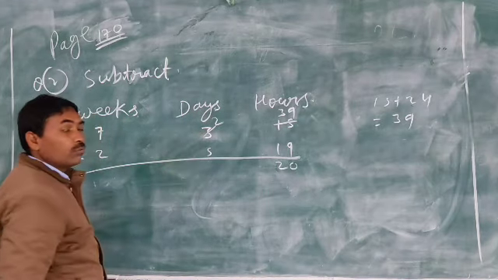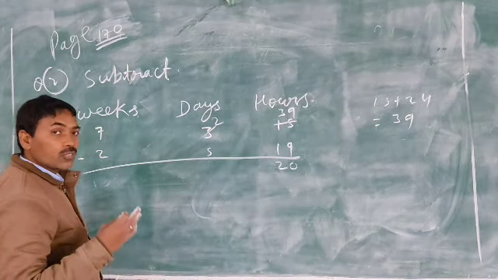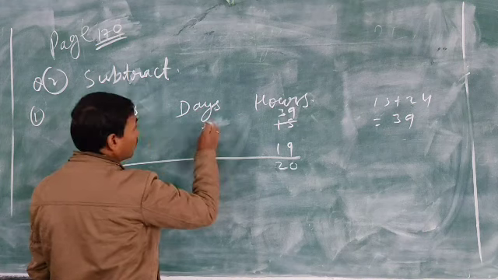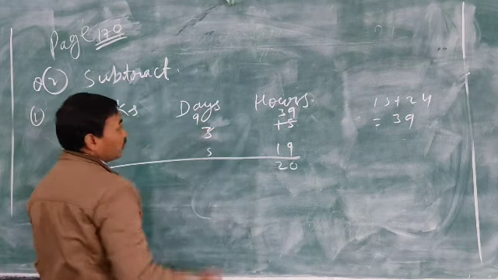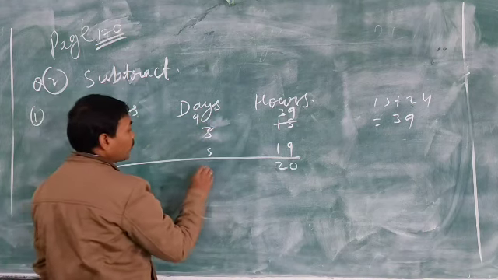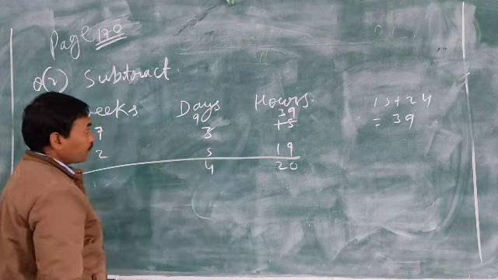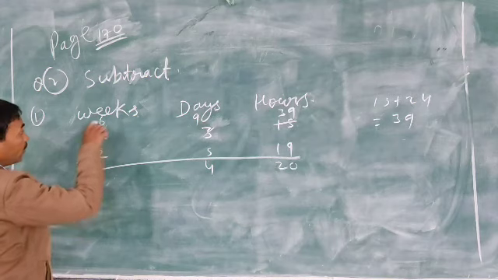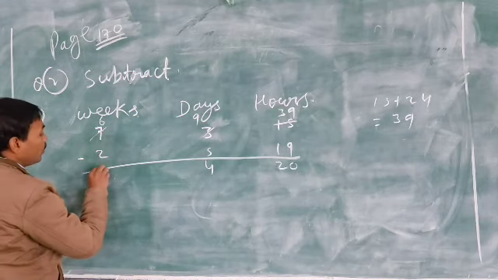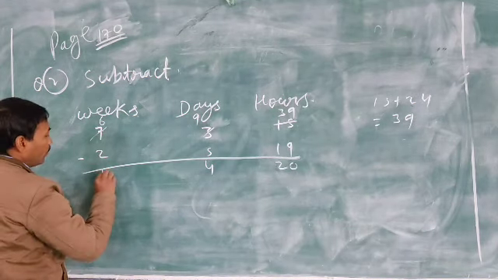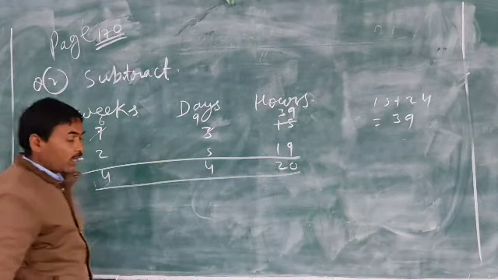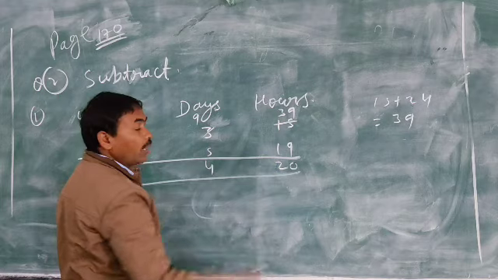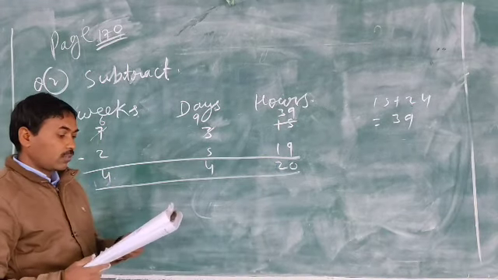So this 2 will increase by 7. 2 plus 7 is 9. So 9 minus 5 is 4. And here 6 is remaining. So 6 minus 2 is 4. That is, our answer is 4 weeks, 4 days and 20 hours.